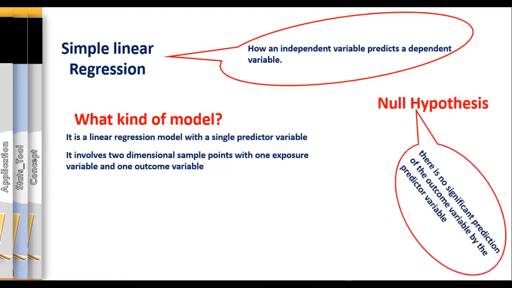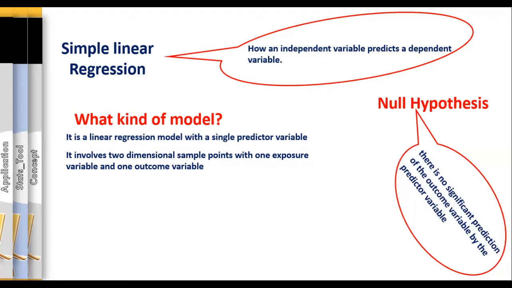Whenever we are doing a simple linear regression analysis, there's a hypothesis that we test for, and that hypothesis is that there is no significant prediction of the outcome variable by the predictor variable. In the example we gave earlier, we can read the null hypothesis as the fact that there is no significant prediction of BMI level by physical activity.